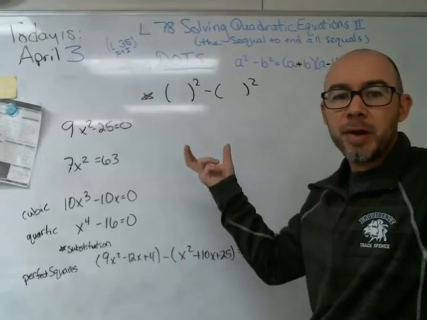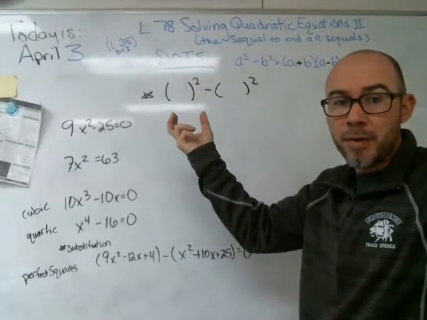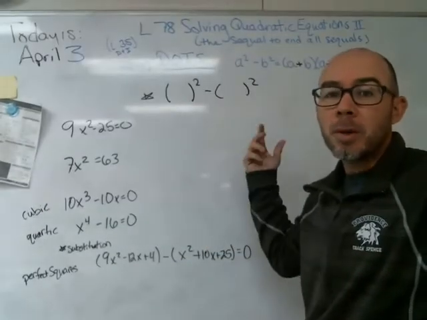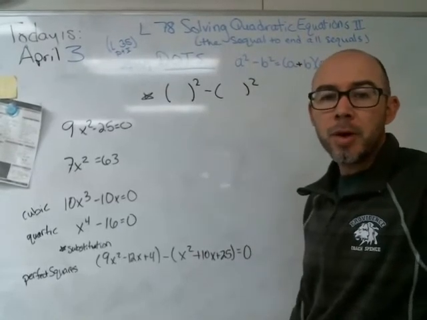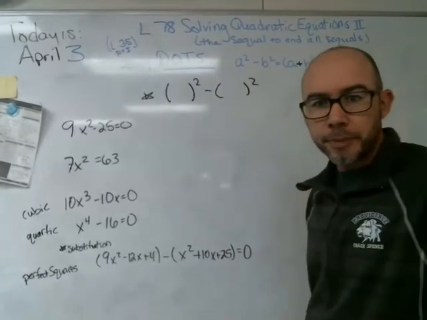If we can find out that there's 2 of them, something times itself, like (2x minus 3) squared minus (3x plus 1) squared, then we can split that up into a plus b, a minus b.